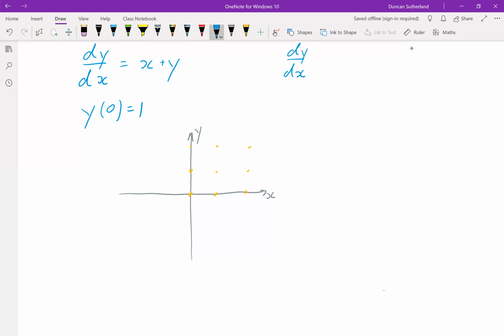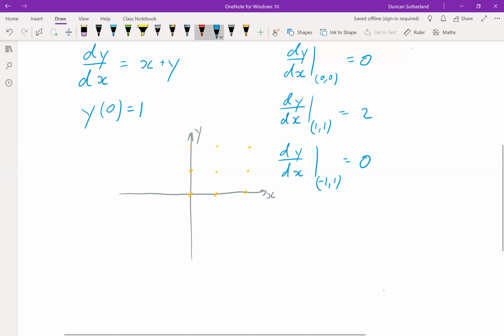Again, we're just trying to work out what the derivative is at a fixed point. So we can go ahead and do a few of those obvious test points, and see what we see.